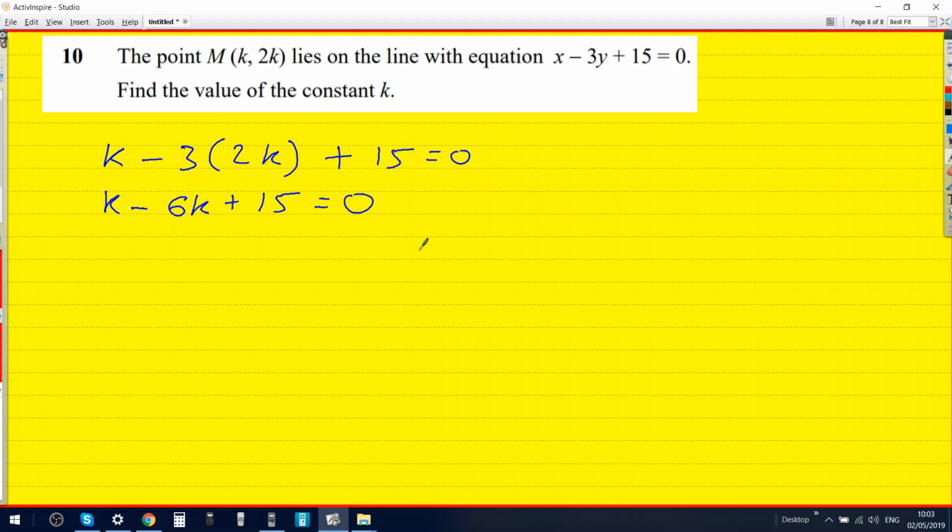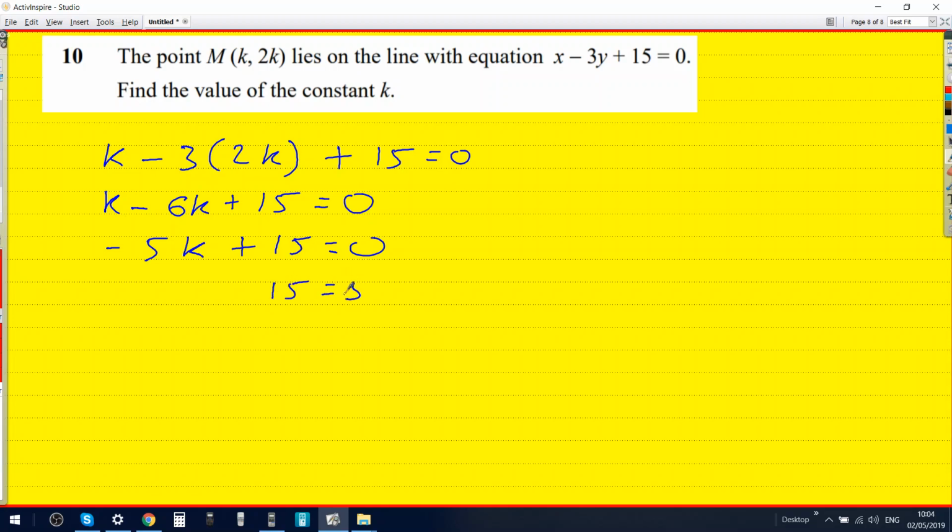Can you take, is it putting into brackets? No. k minus 6k. Minus 5k. Mm-hmm. So minus 5k. That's easier. Equals 0. So 15 equals 5k.